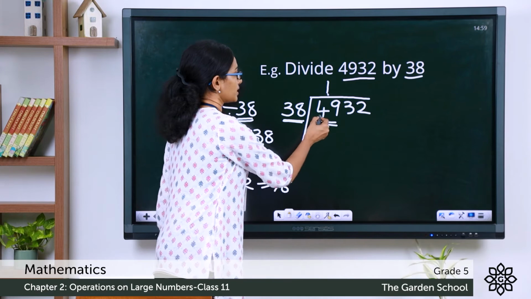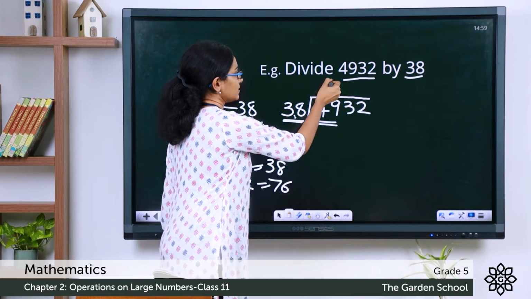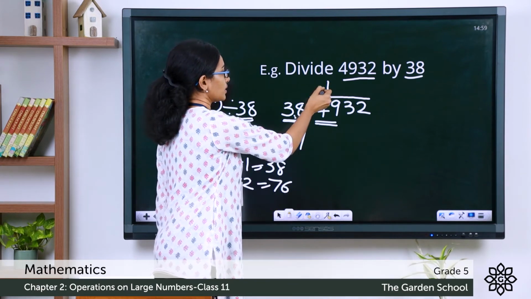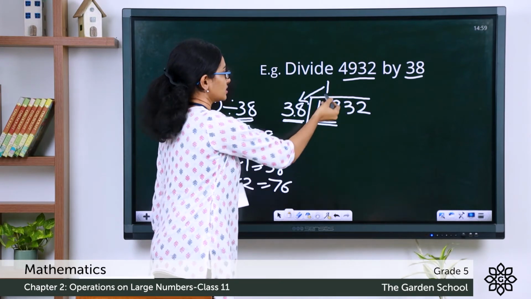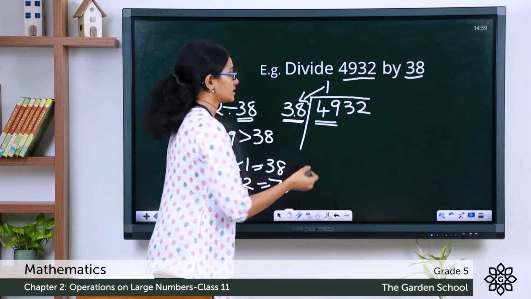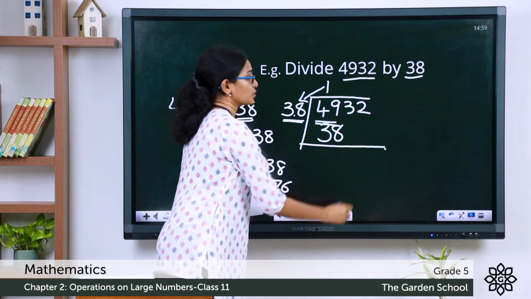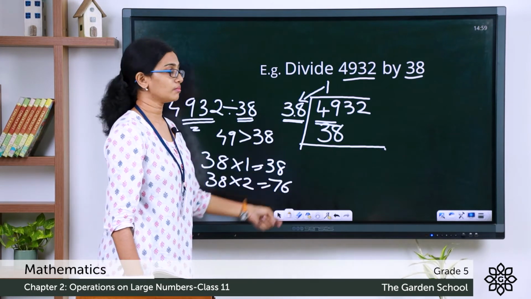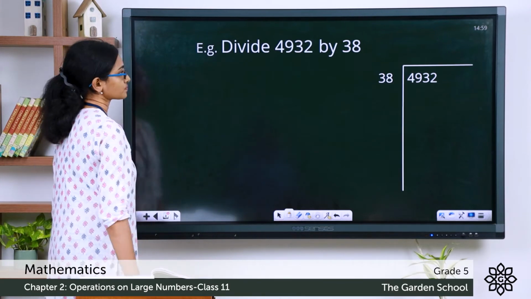Now, we divided this 49 by 38 and the result we get here is written as 1. Now, we have to multiply backwards the quotient into the divisor, or 1 into 38. What is it? It is 38 itself. Now what we have to do? Now we have to subtract these two numbers, 49 minus 38.